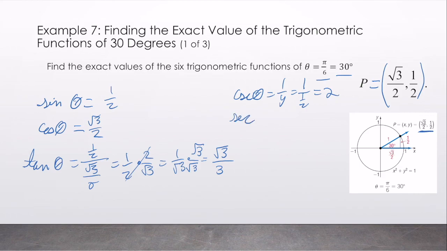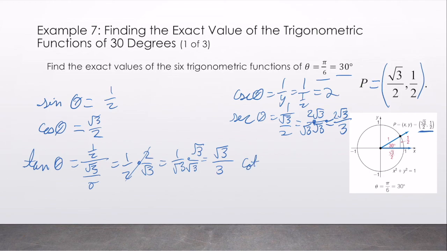My secant of theta is 1 over the square root of 3 over 2, which is 2 over the square root of 3. I jumped ahead of myself. Multiplying the square root of 3 on the top and the bottom gives me 2 square root of 3 over 3.